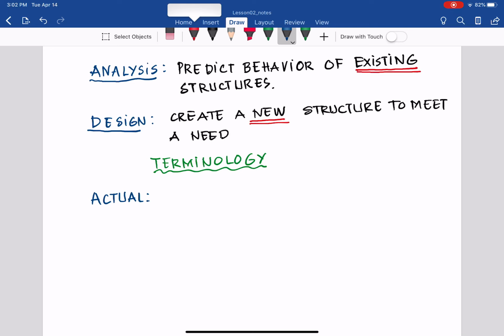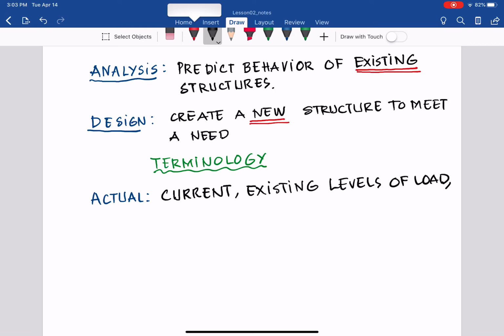Basically, the current existing levels of load, stress, deformation, etc. For example, for the pedestrian bridge, that is the weight of the pedestrian bridge.